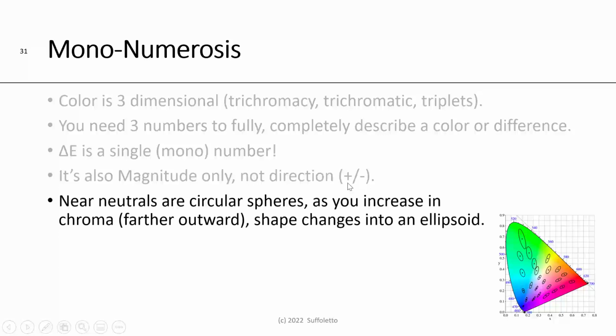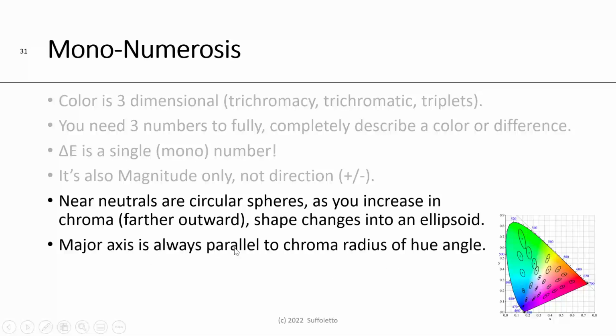Near neutrals, when you get close to that origin intersection, the tolerance becomes a sphere or a circle. And as you go farther out in chroma, that shape changes into an ellipse or an ellipsoid. The major axis of that ellipse is parallel to the chroma radius, the chroma hue.